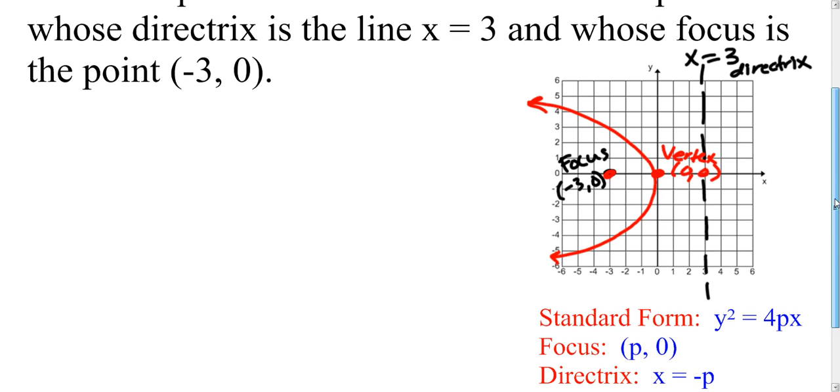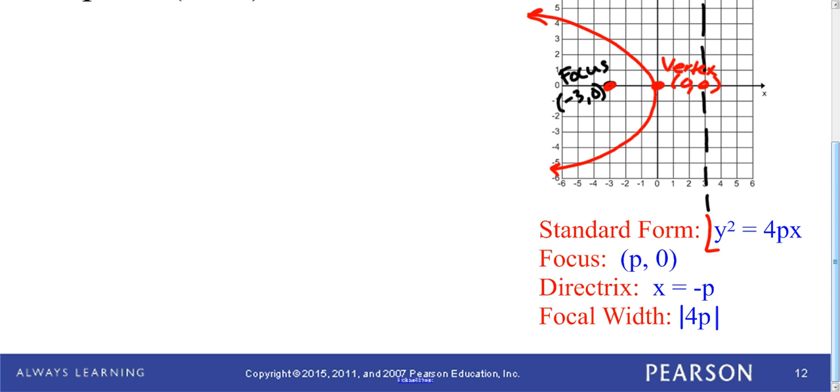Because it's a sideways parabola, I know that this is my standard form equation, okay? So my goal is to figure out what p is, okay? Here's what I know. My focus is at (p, 0). That means this is (p, 0) right here, and it means that p is -3.